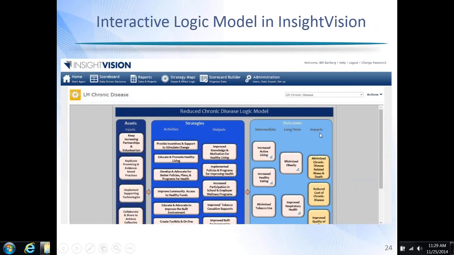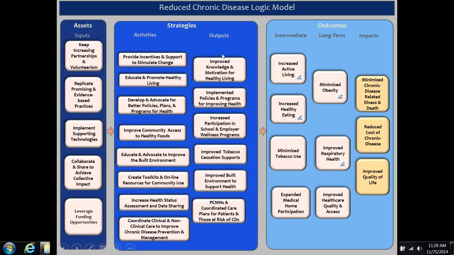I'm not going to go into the detail, but here was an example we showed for those that like logic models. Here's an interactive logic model showing it in our InsightVision strategy management system, where we can have the impacts, the long-term outcomes, the intermediate outcomes, and then the various activities and outputs and such, as many of you may be familiar with logic models.